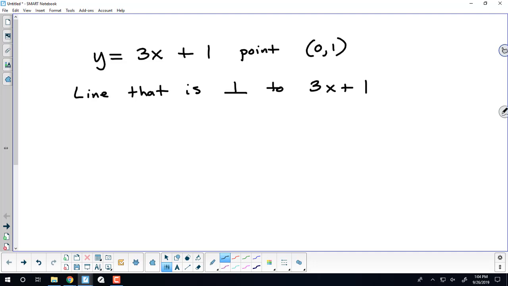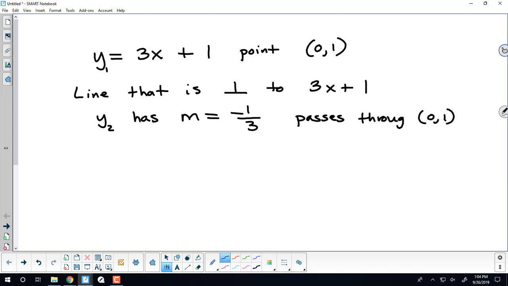So the new line, we'll call that y2, the new line that's perpendicular to y1, has a slope of negative 1/3. If we want it to pass through this point 0, 1, then you've got another point slope formula: here's my slope, here's my point.